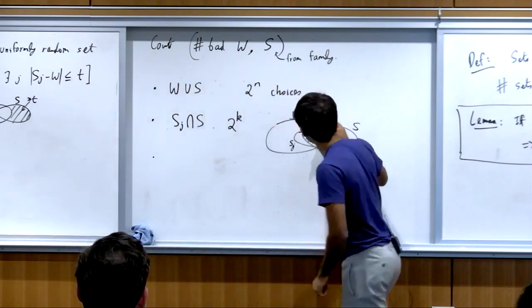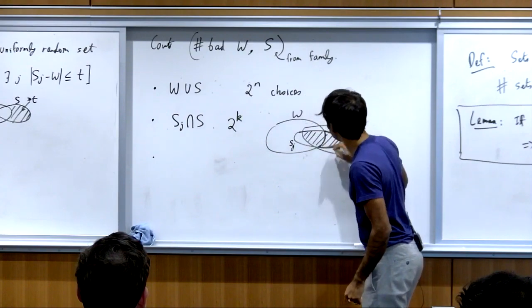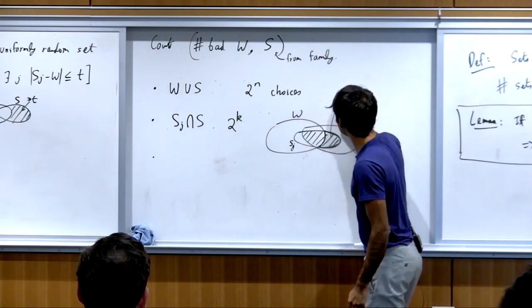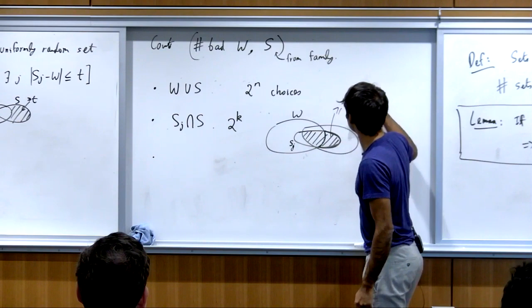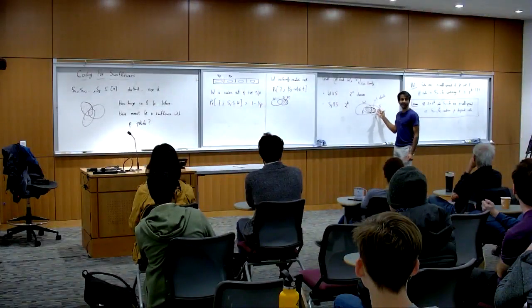It contains this set, which is Sj minus W. And here already there are at least T elements. Strictly bigger than T. Oh, strictly bigger, doesn't matter. Okay, so we found a huge subset of S.